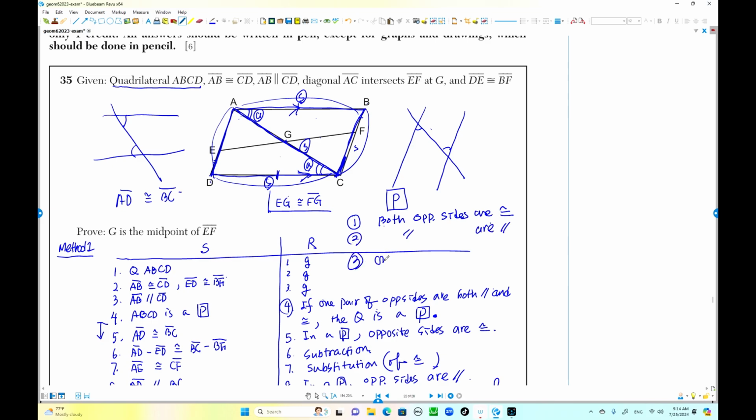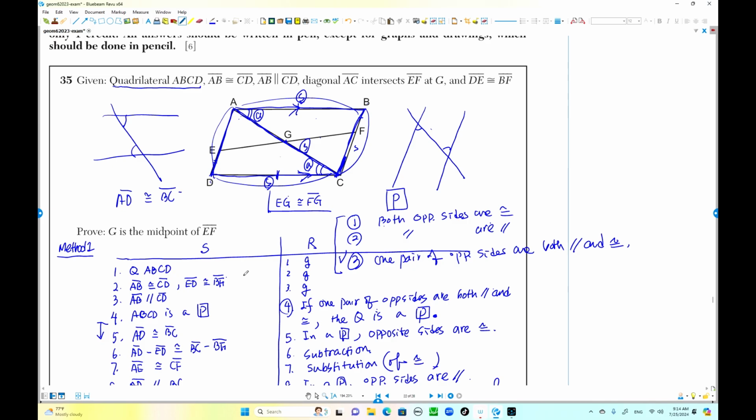The third one is one pair of opposite sides that are both parallel and congruent. That is a parallelogram. So we use this third property. That is number 35.